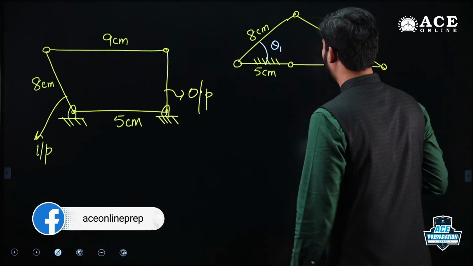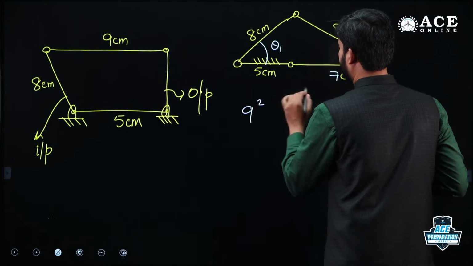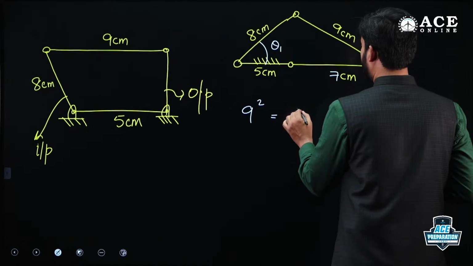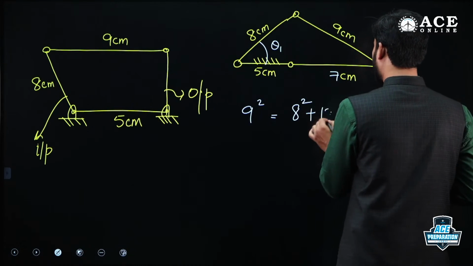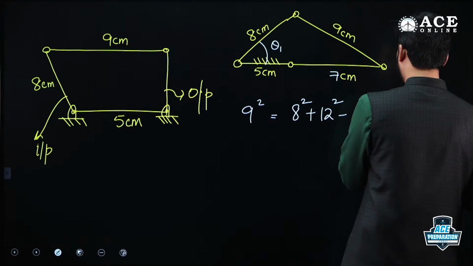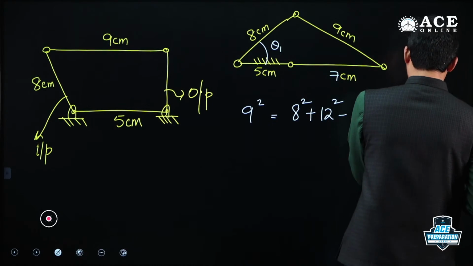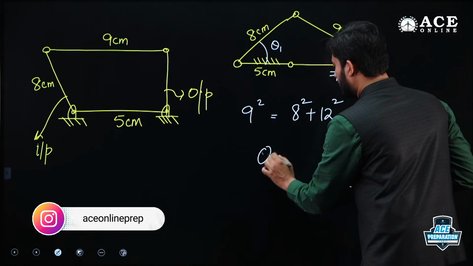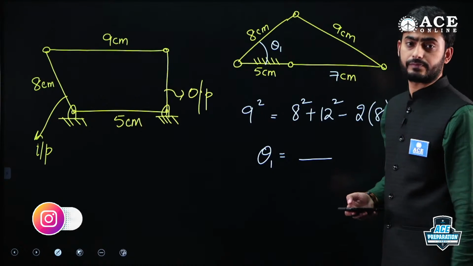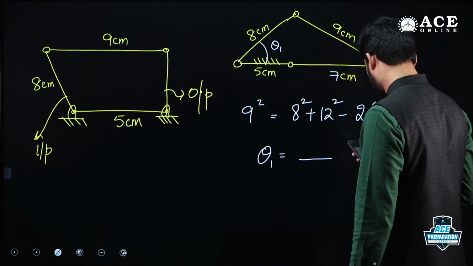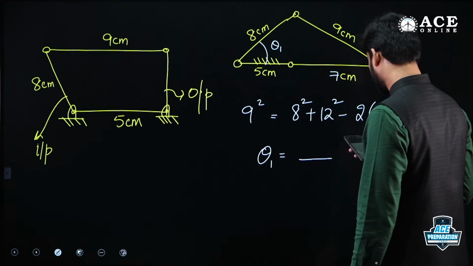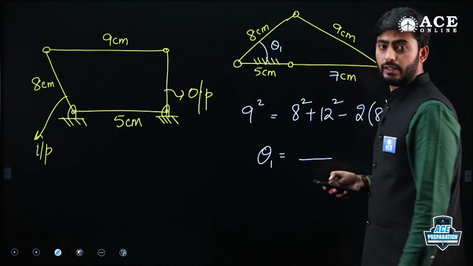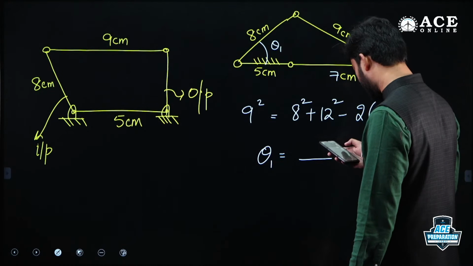What will be the value of theta 1? That is 9 square is equal to 8 square plus 12 square minus 2 into 8 into 12 into cos of theta 1. What is the value of theta 1, guys? Anybody please respond.